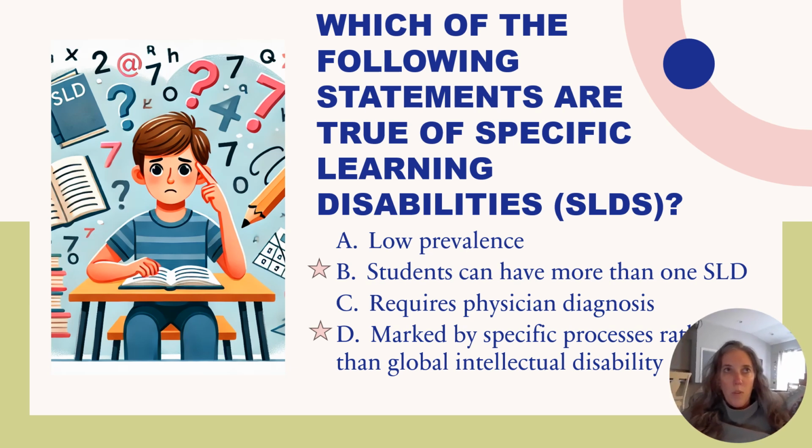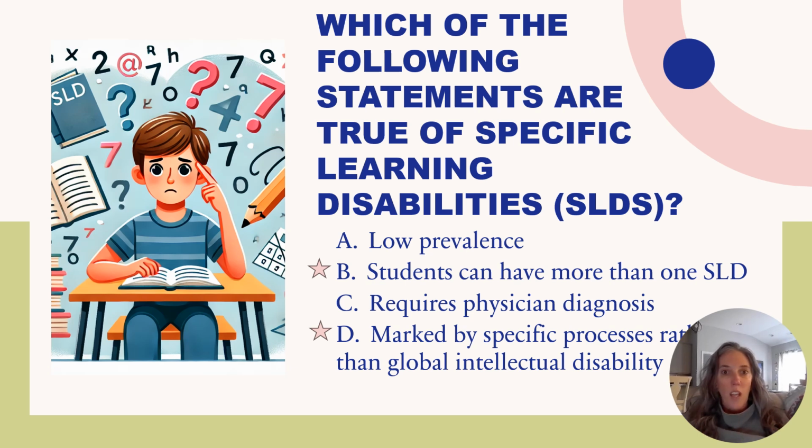Approximately 35% of students that are qualifying under IDEA are qualifying under SLD. B, students can have more than one SLD. C is incorrect. This does not require a physician diagnosis.